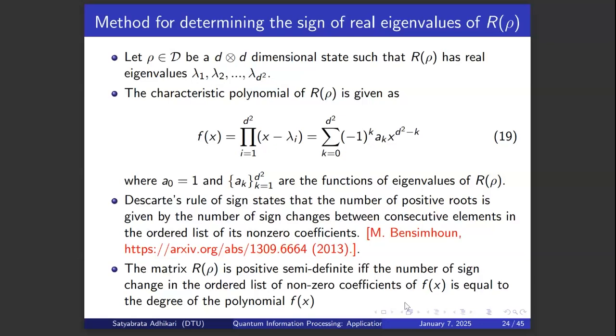This can be done just by using Descartes' rule of signs, which lets us easily find how many roots are positive and how many are negative. The last point says the matrix R rho is positive semi-definite if and only if the number of sign changes in the ordered list of non-zero coefficients of f(x) is equal to the degree of the polynomial f(x). Let us suppose that you have a second degree equation: ax square plus bx plus c equals 0.